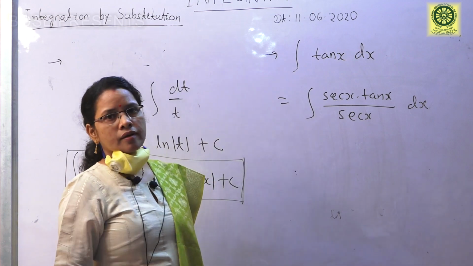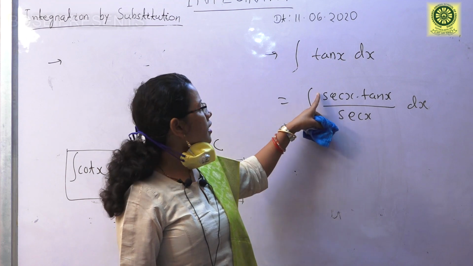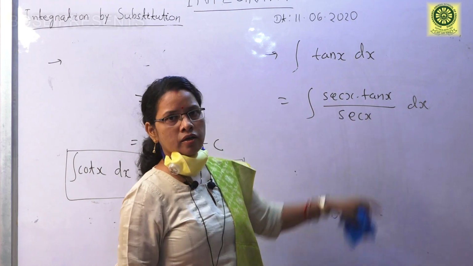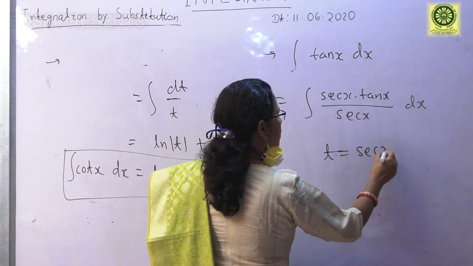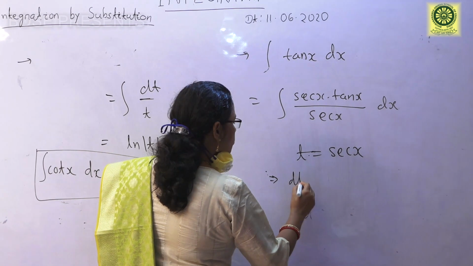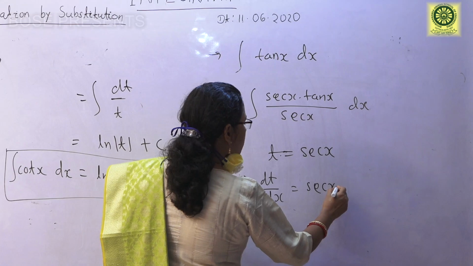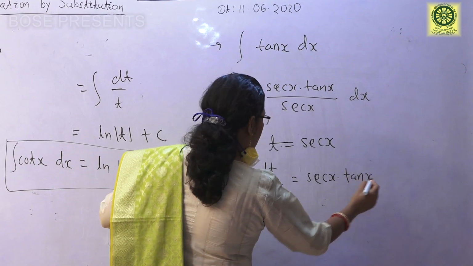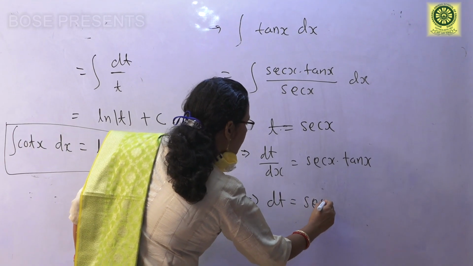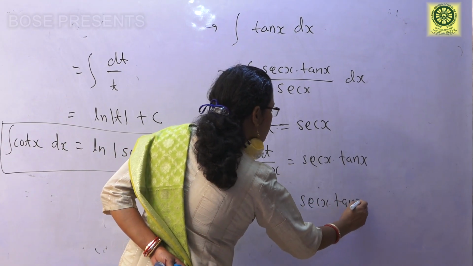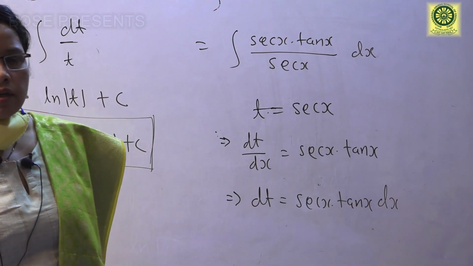Then you can notice that the derivative of sec x is sec x into tan x, that is in the numerator. So you should substitute t for sec x. Then differentiating both sides with respect to x, we have dt by dx is equal to sec x into tan x. That implies dt equals sec x tan x dx.